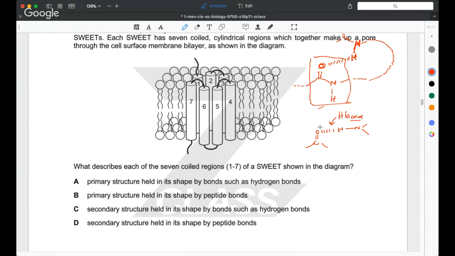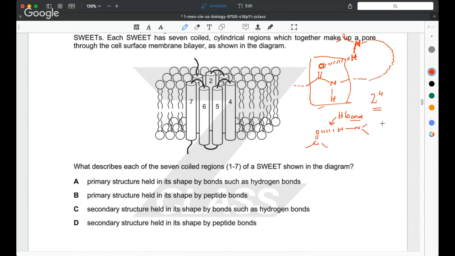And that hydrogen bonding between the carbonyl group in one peptide and the amide group in another peptide link, that's the basis of secondary structure in proteins.